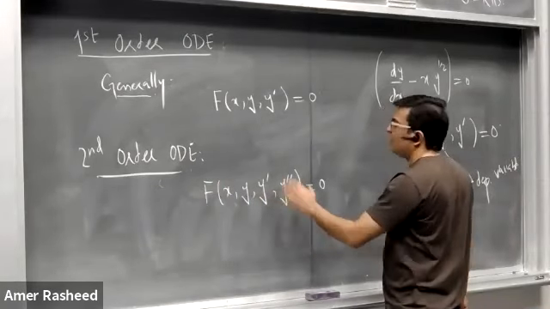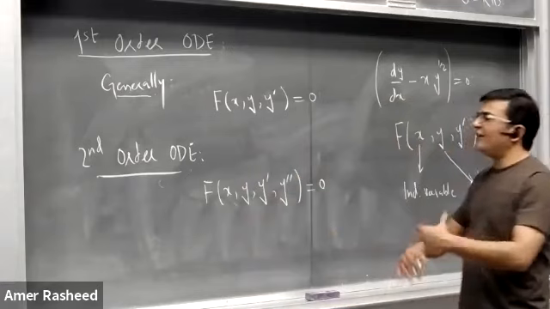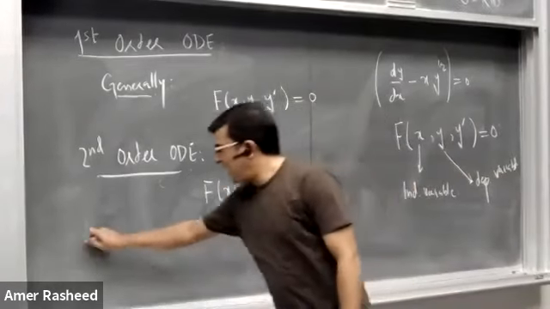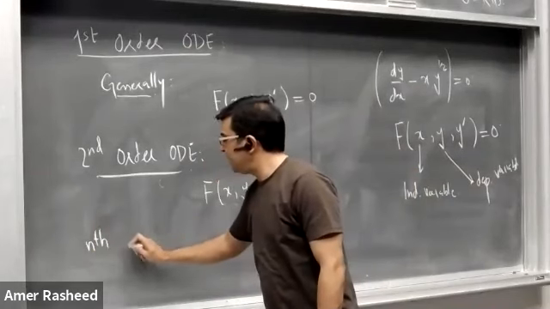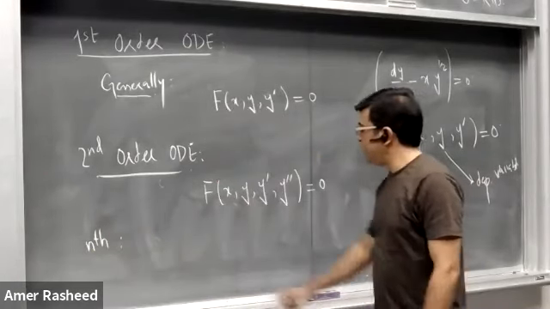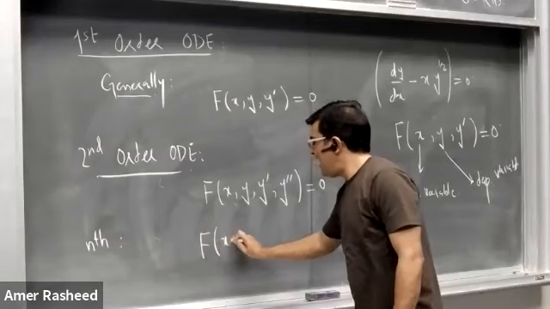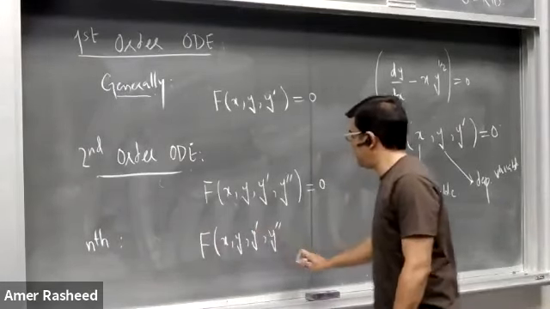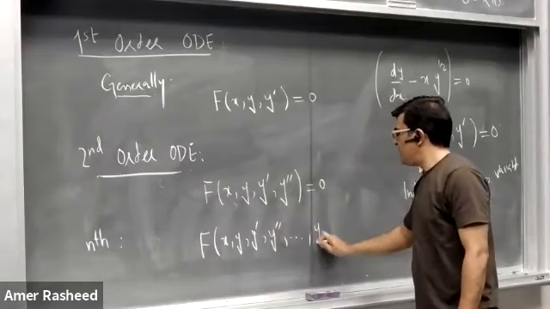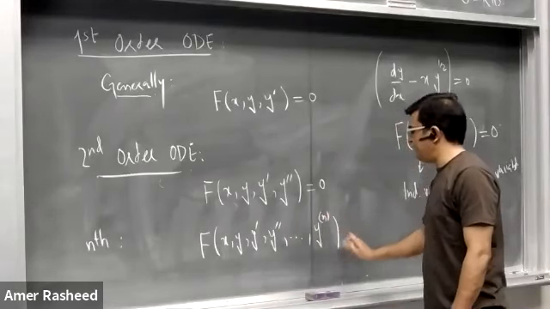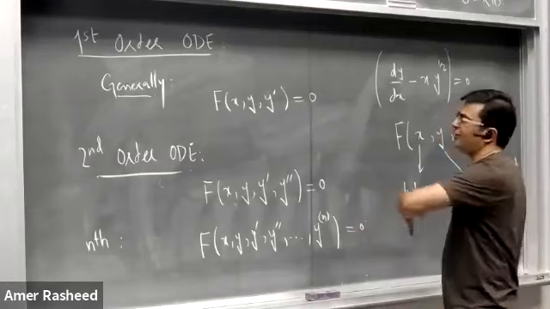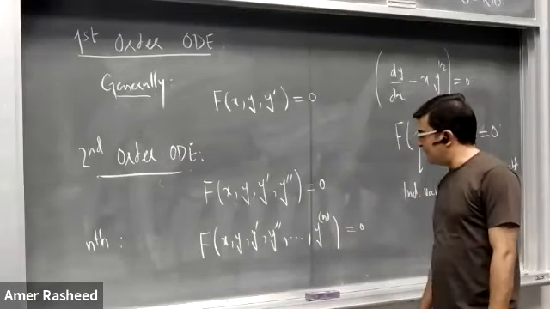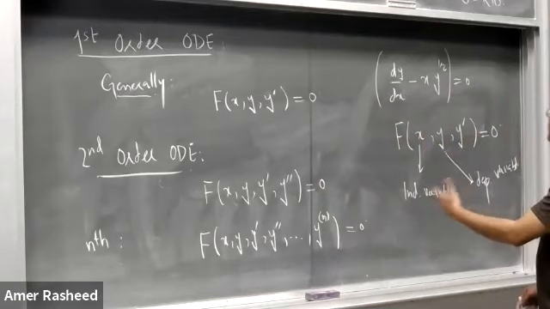So this is the general notation of an ODE of order 2. And for an nth order ODE, the general notation would be f of x, y, y dash, y double dash, and so on, up to n derivatives, equal to 0. So this is the general notation of nth order ODE. I hope you get it. If you have any question, you can ask me.